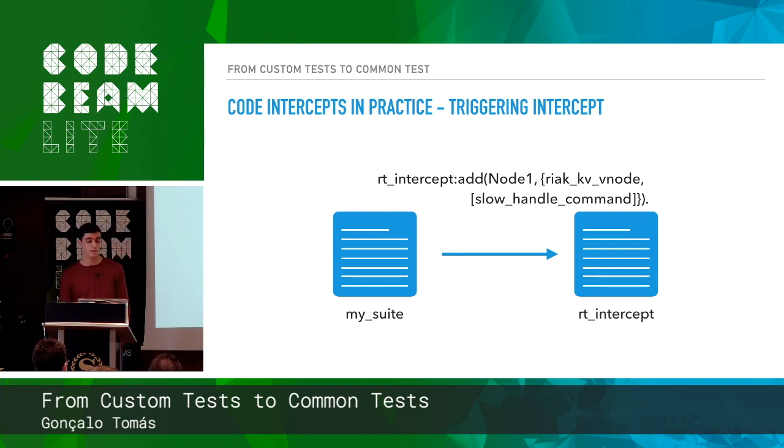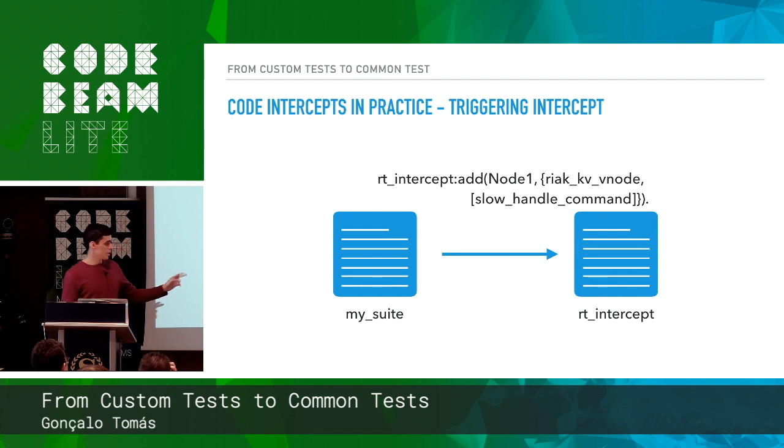So now, how it works in practice. We have a test suite that calls RT-intercept add, and it receives a node, a reference to the module on which you want to put the intercept, and the intercept itself. We saw that for the same module we can have multiple intercepts, and here you can choose to add just a few of them.